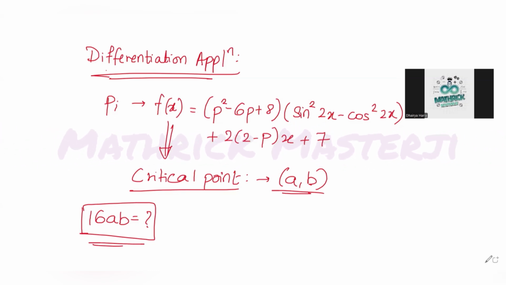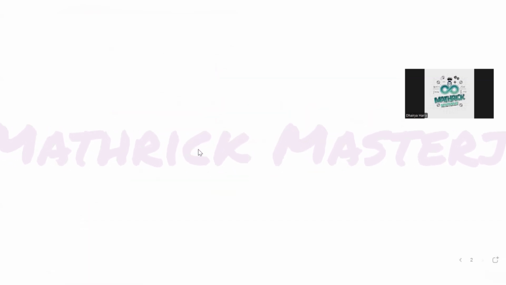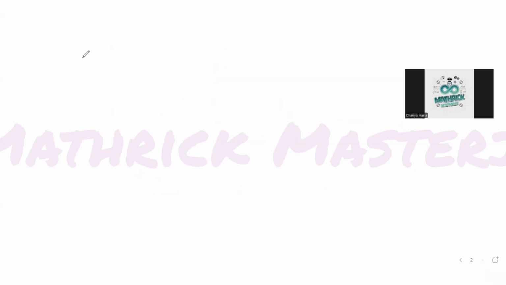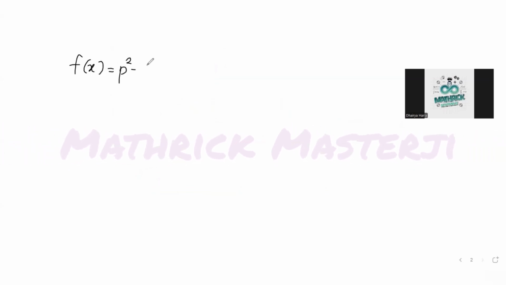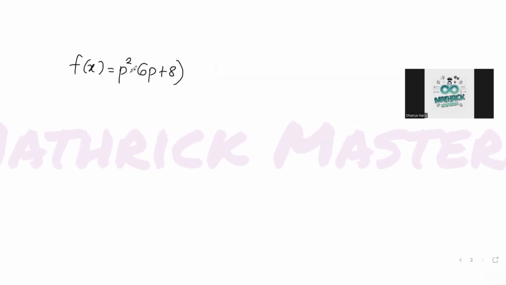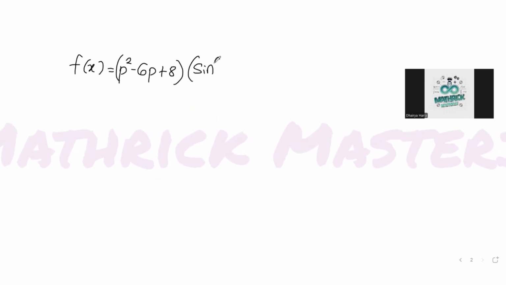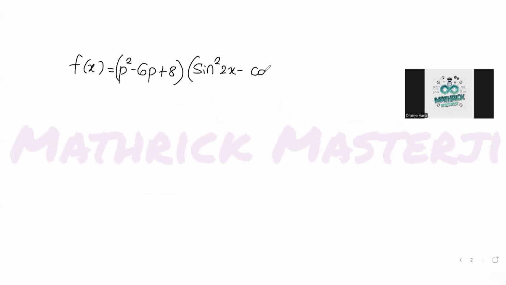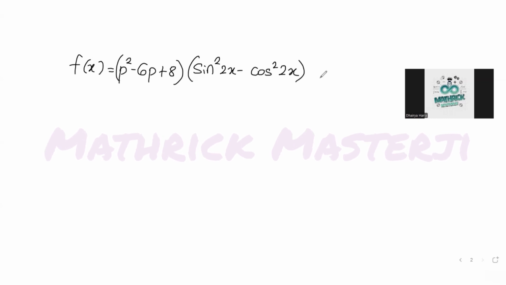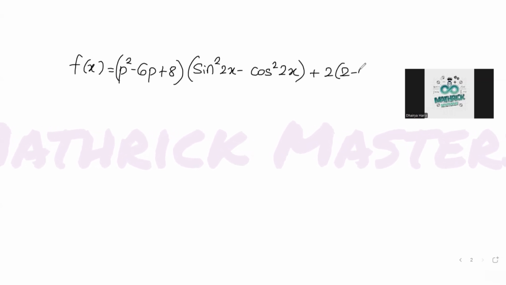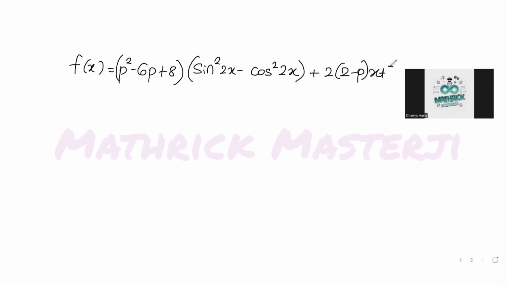Let's see. I have been given this function f of x, which is (p squared minus 6p plus 8) times (sine squared 2x minus cos squared 2x) plus 2 times (2 minus p) x plus 7.